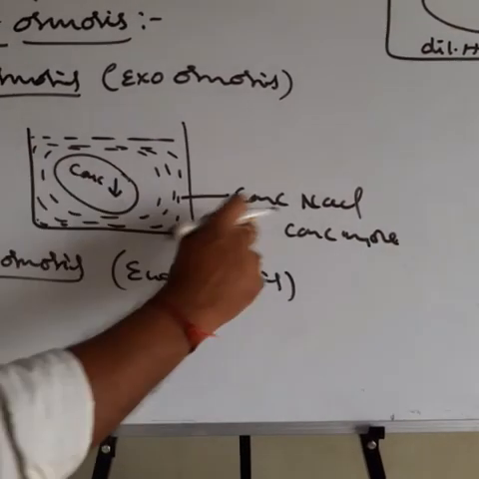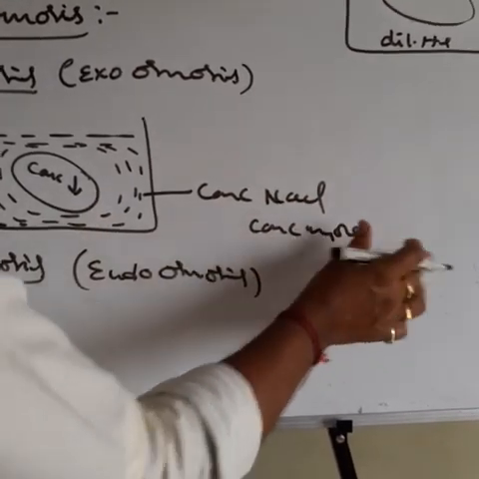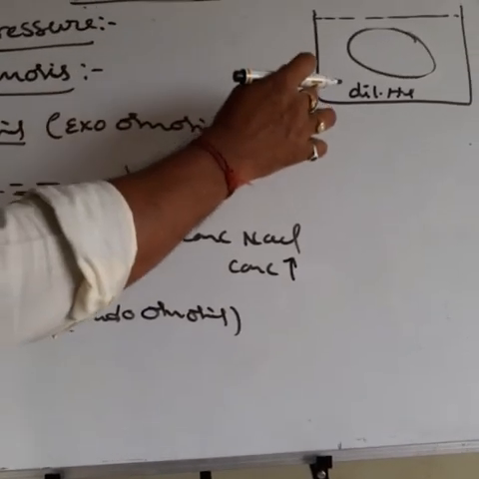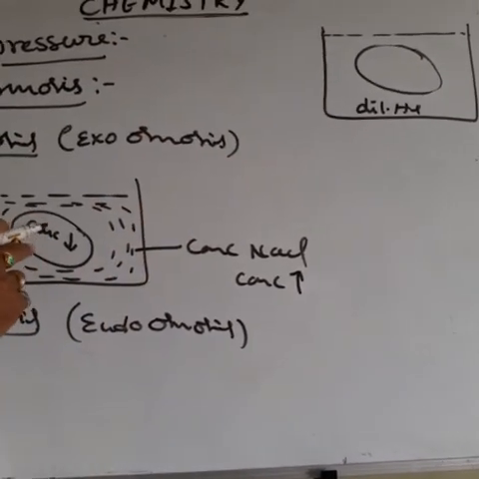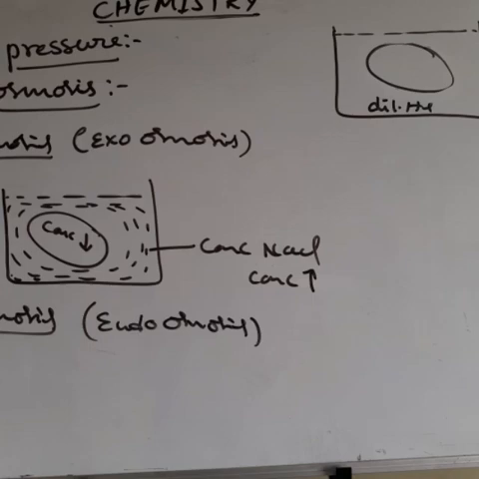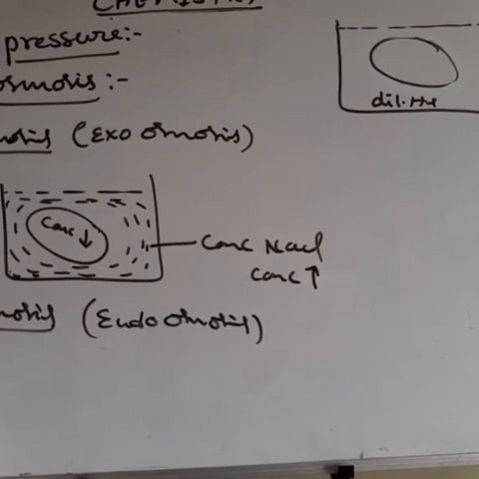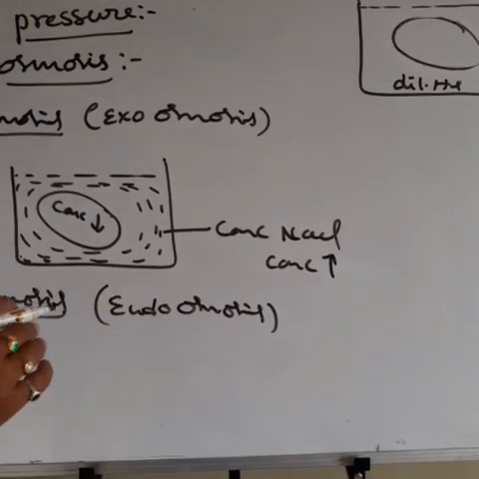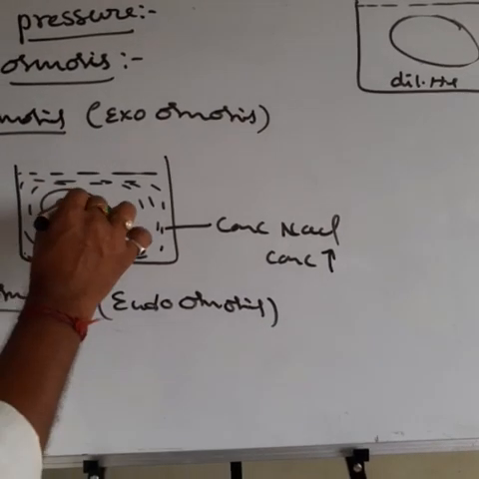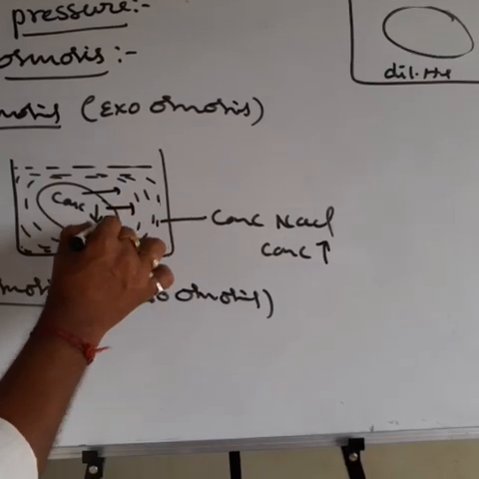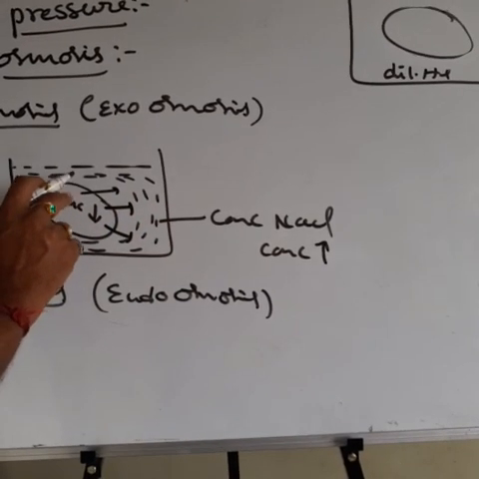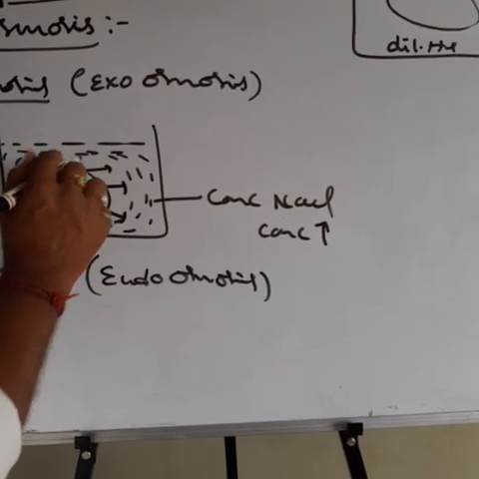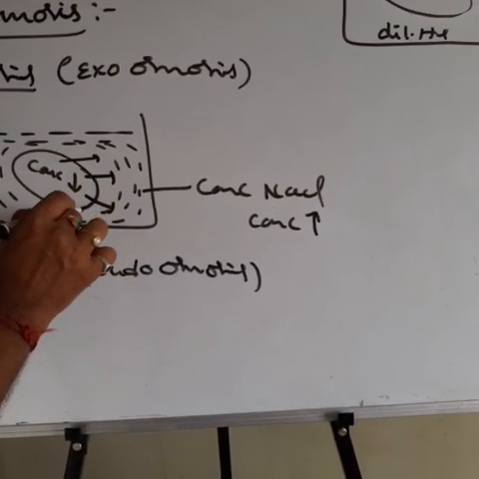So whenever the egg is dipped into the concentrated NaCl solution, the solvent particles present inside the egg come out into the NaCl solution through the semi-permeable membrane.